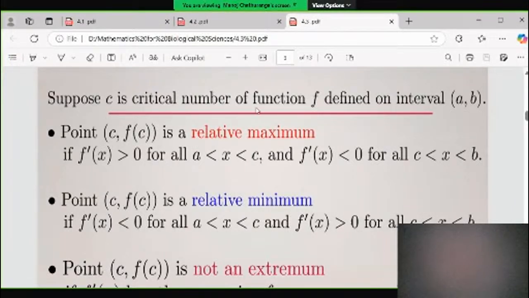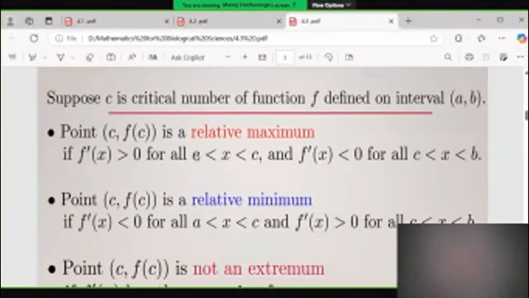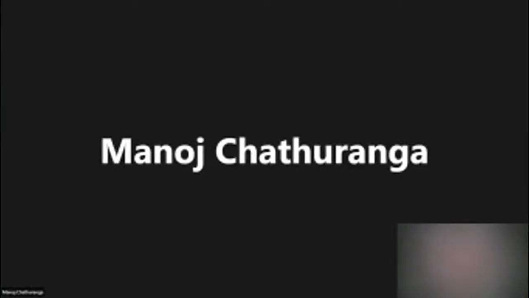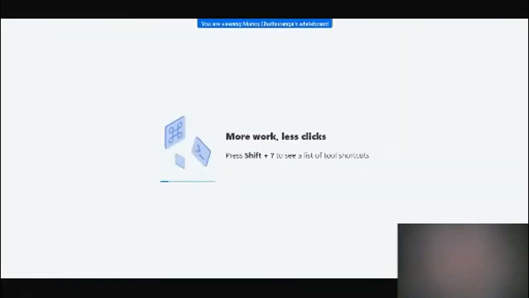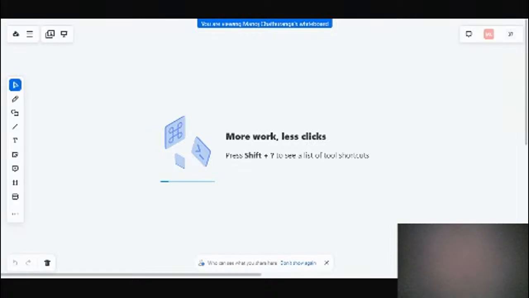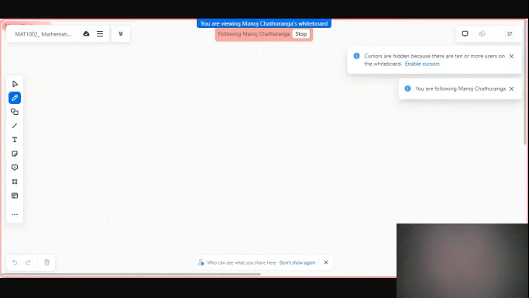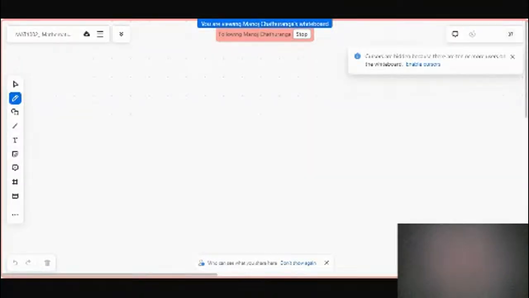Suppose C is a critical number. You might need to copy this.